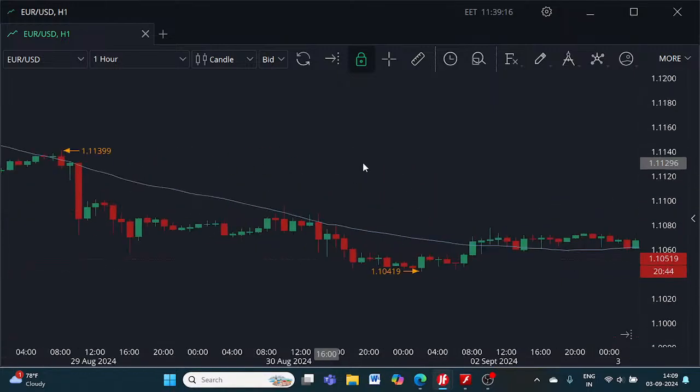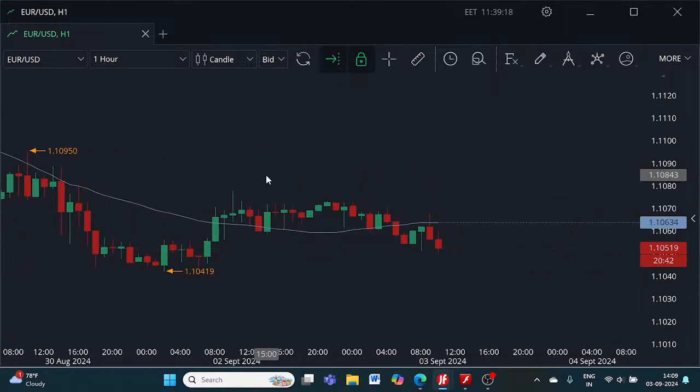We have this downward slope in the Euro USD's moving average with it finding some support closer to the 1.105 price range. We are seeing it flattening and trying to regain the lost ground, but it will be interesting to see if there is a turnaround in the Euro USD or if this downward slope continues for a while.